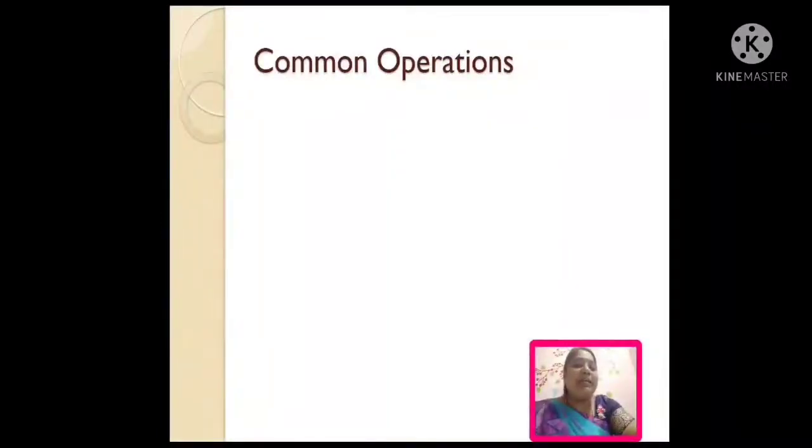The common operations involved in abstract data types are, first one is searching. Searching is when data is already stored and we want to fetch it, then we go with searching.